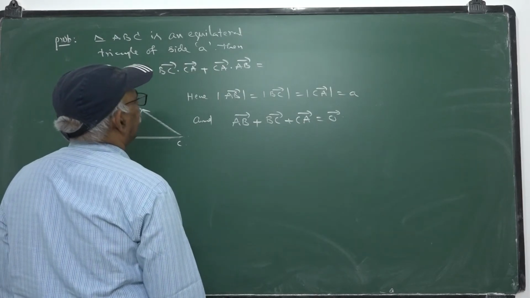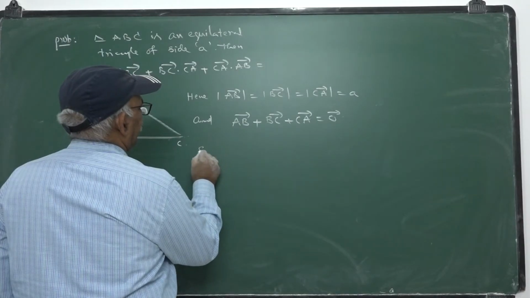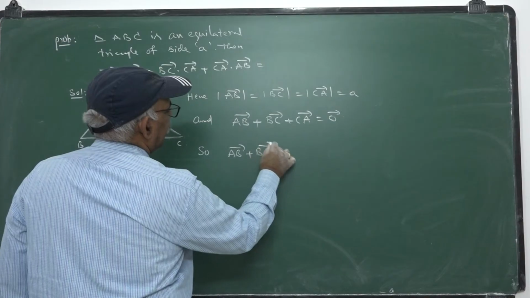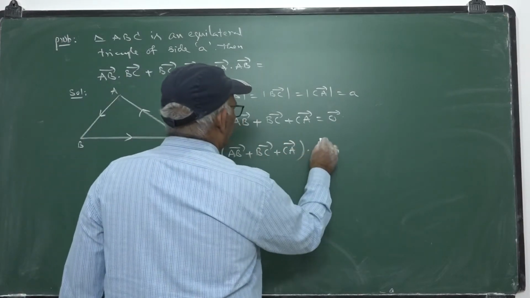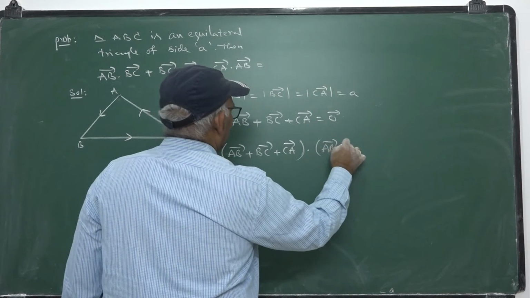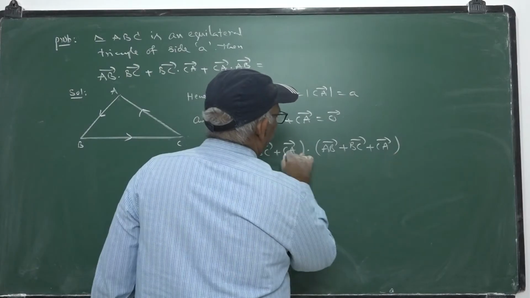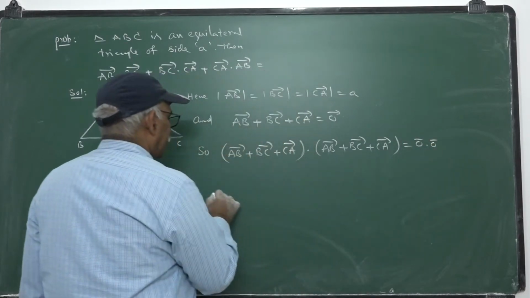Okay. Now, AB bar plus BC bar plus CA bar is the zero vector.